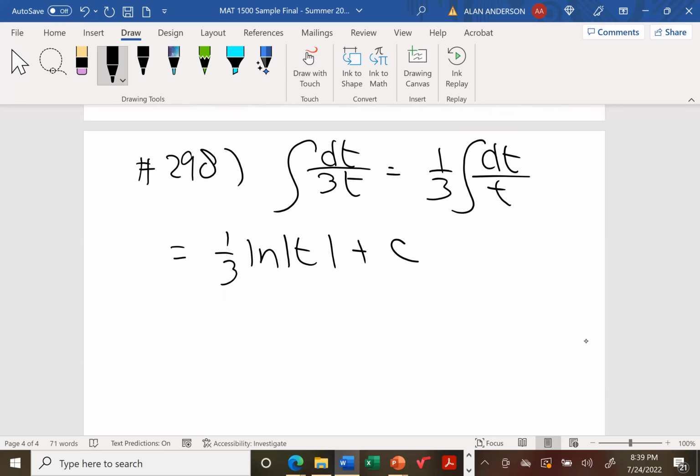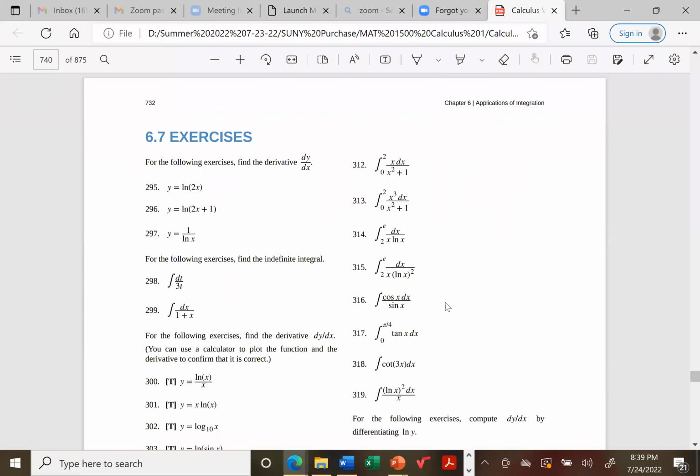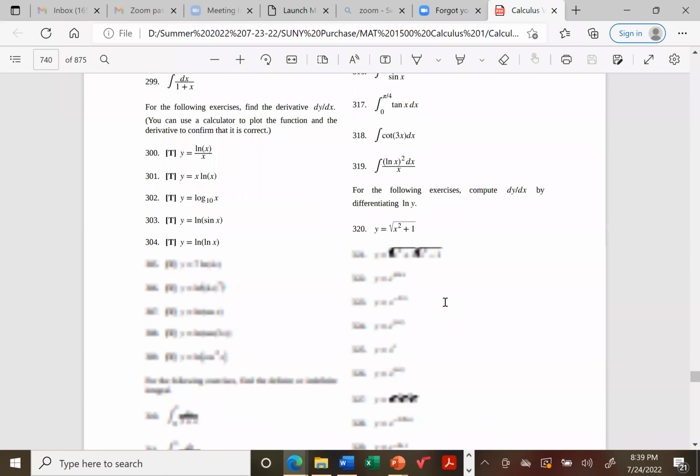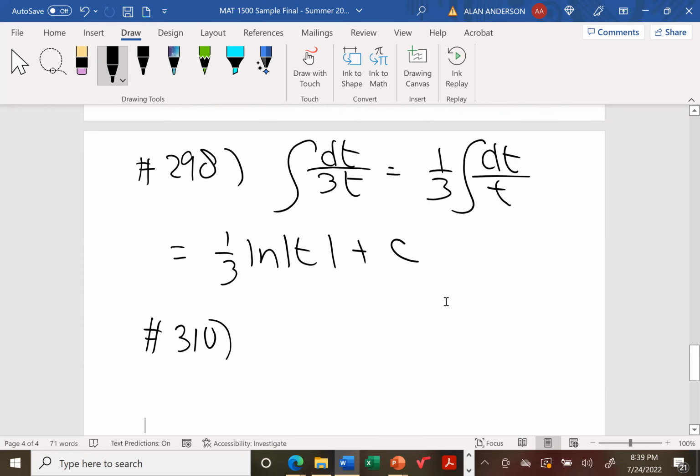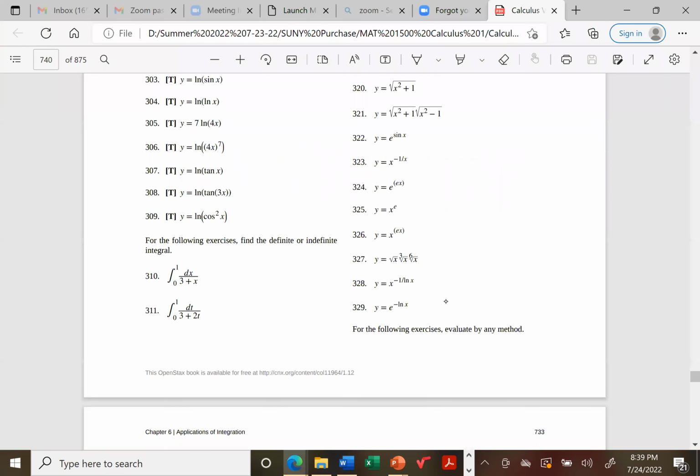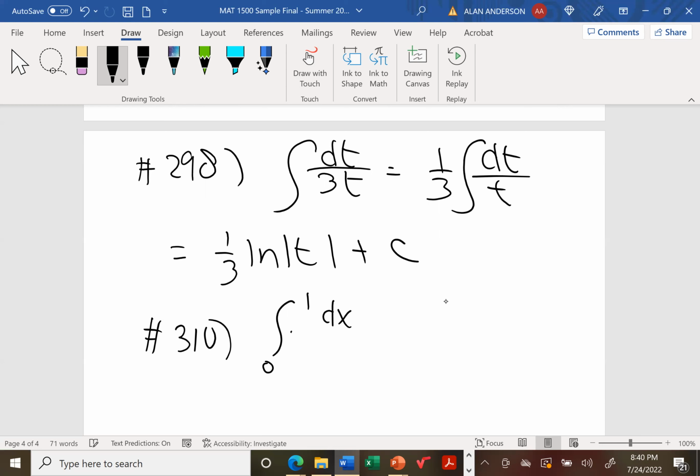And then number 310 is, oh, same thing. All right, this is a definite integral though, from 0 to 1. dx over 3 plus x. So you know what?